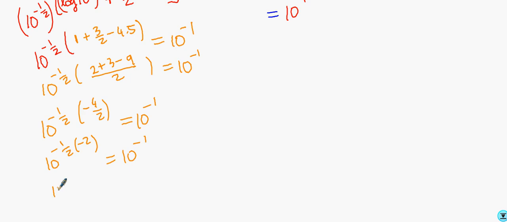Okay, I'm sorry, negative 4 divided by 2 is negative 2. And negative 2 times negative 1/2 is 2 over 2, which is 1. Equals 10 to the negative 1. Looks like it doesn't work.